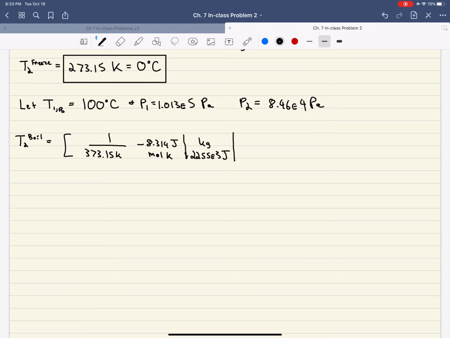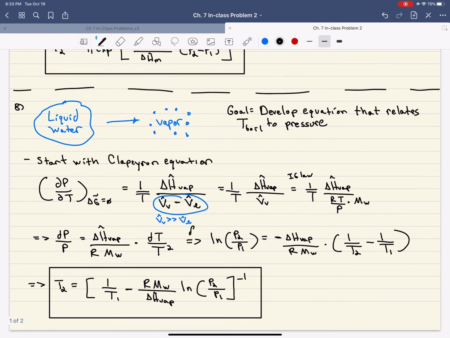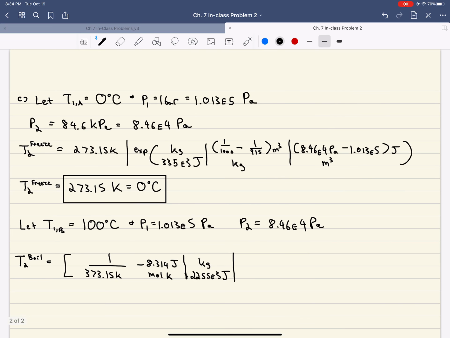And I realize I put the molecular weight in the wrong spot. In order to get the units to work out, since HVAP is in kilojoules per kilogram, we want it to be kilojoules per mole. So our MW should be up here. Let me fix that here, and also fix that here. In any case, our molecular weight for water we know is 18 grams per mole. In kilograms, it's 18 times 10 to the negative 3 kilograms per mole.